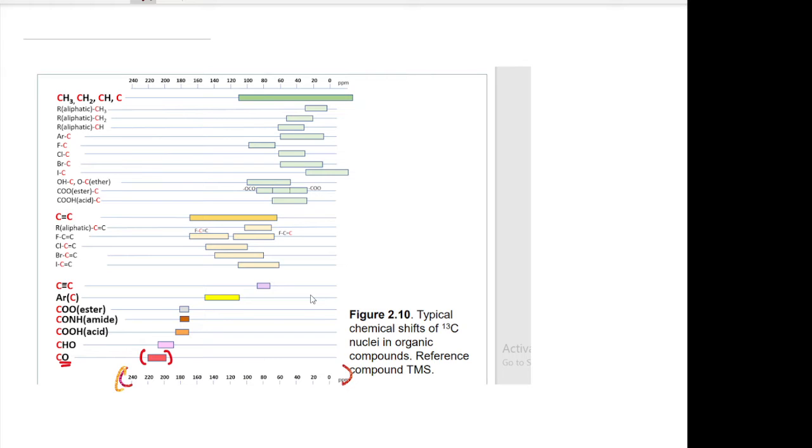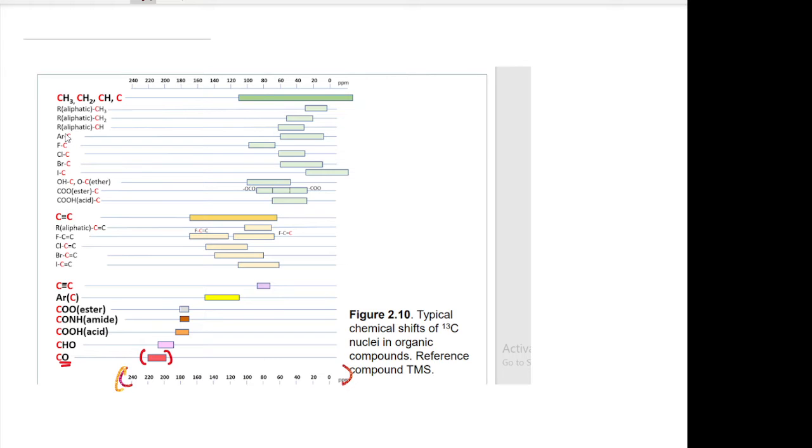Here, the CH3, CH2, CH, and the quaternary carbon will lie in 0 to almost 100. And if the carbon is attached to fluorine, it will lie around 65 to 110, because fluorine is more electronegative than chlorine.